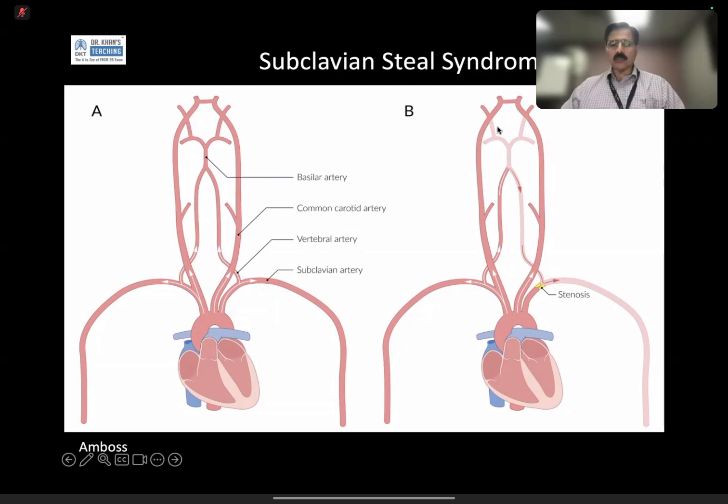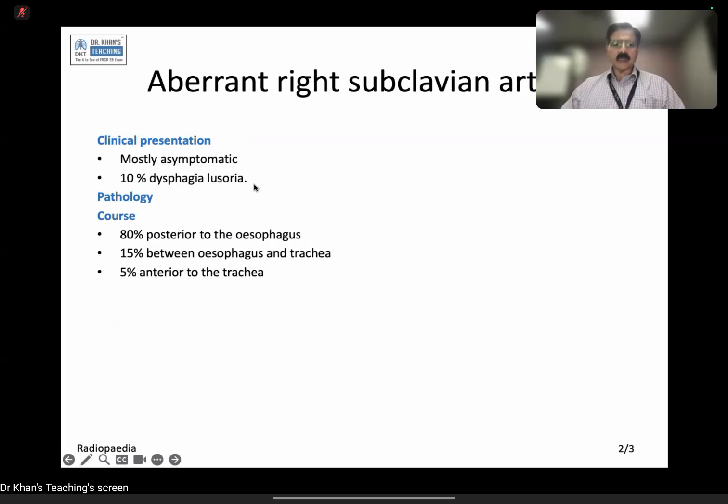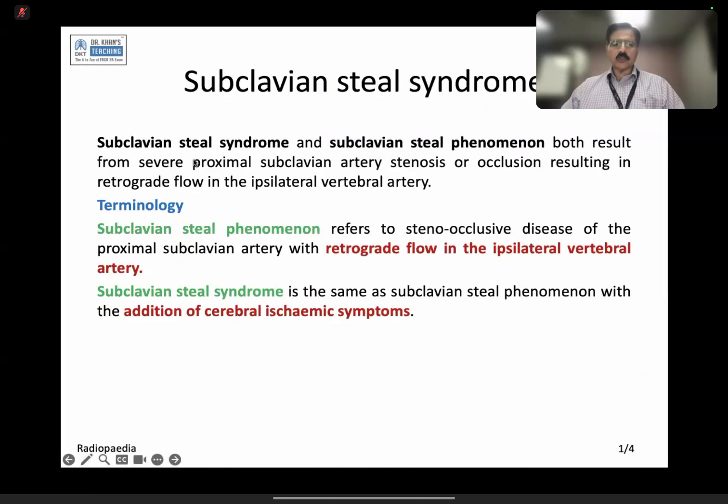Why? Because there will be shunting or stealing of blood from the posterior circle of Willis through the posterior communicating, etc., and it will go down through the vertebral into this subclavian. So there can be two entities here. Look at these words: subclavian steal phenomenon.